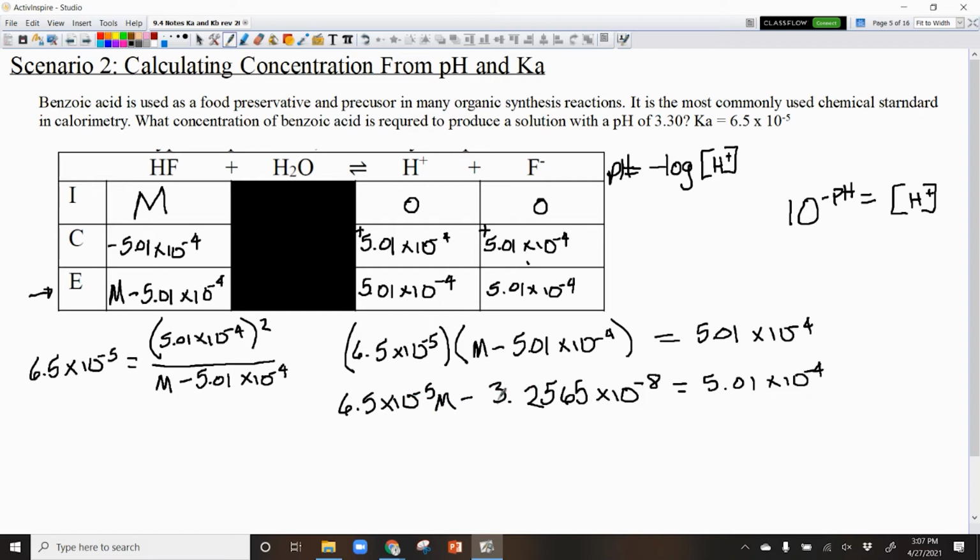Okay, so here we have our number with the variable. So we need to take this and move it to this side. So we need to add this to both sides. And that cancels it here.